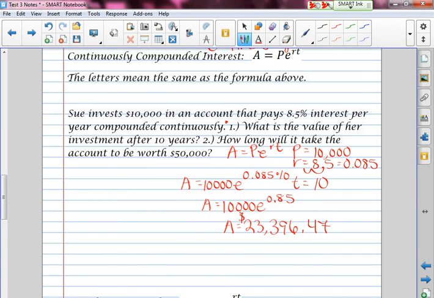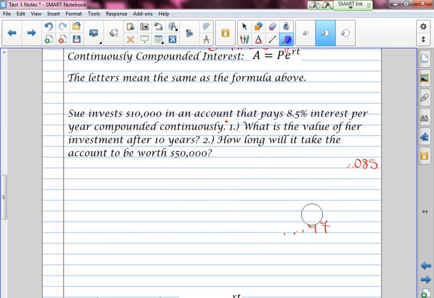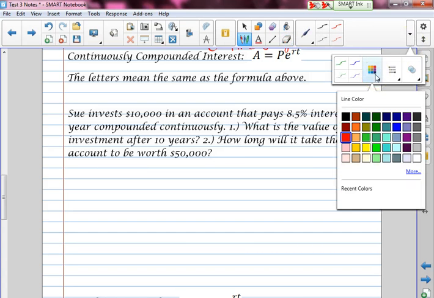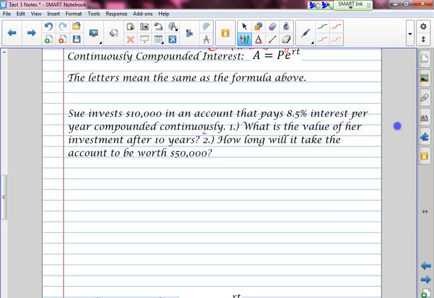All right. Now I need to answer question 2. I'm doing question 2 in blue. Question 2 says, how long will it take the account to be worth 50,000? Well, it's still A equals PE to the RT. Only this time I know A, it's 50,000.